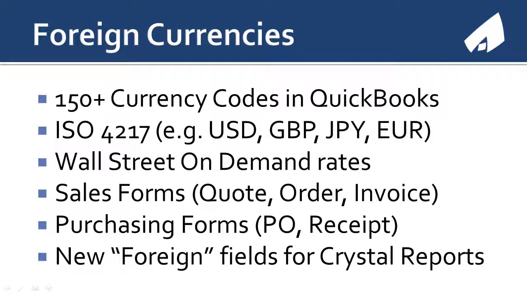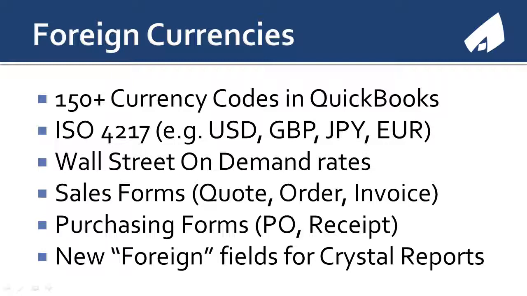The rates themselves are downloaded in QuickBooks from Wall Street On Demand. Users will need to grab the current exchange rates periodically. These rates are updated in real time between the hours of 00 to 21:55 GMT.